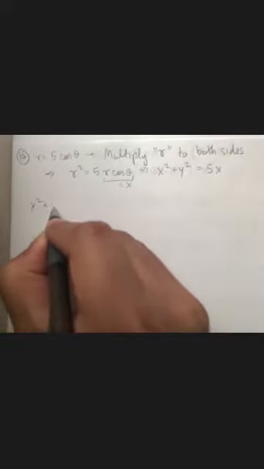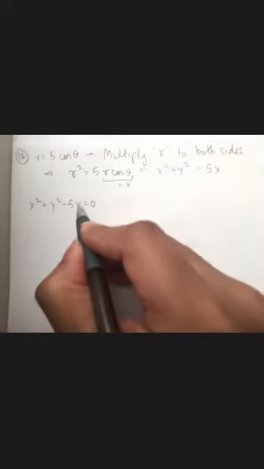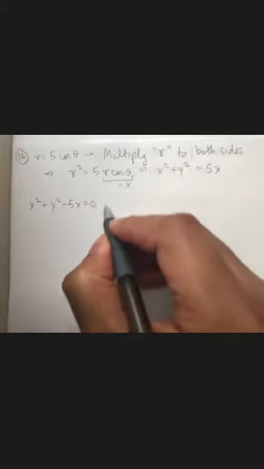So we have to answer what type of curve such an equation represents. And to see that, let's complete the square. So you have x square and you have negative 5x. And y square is just y square.